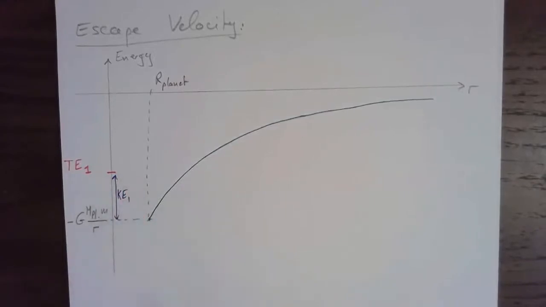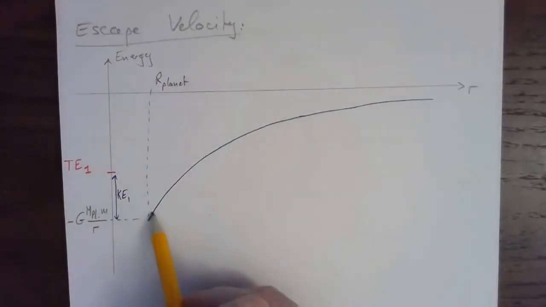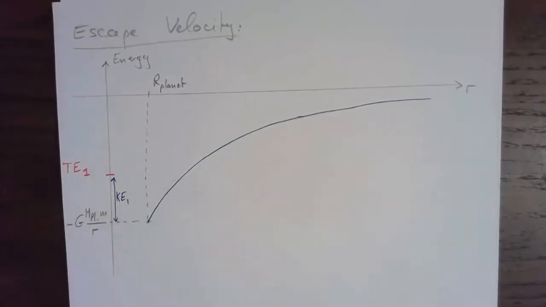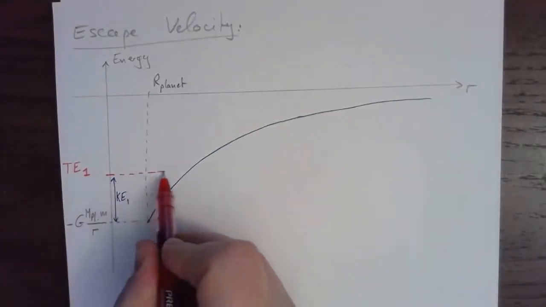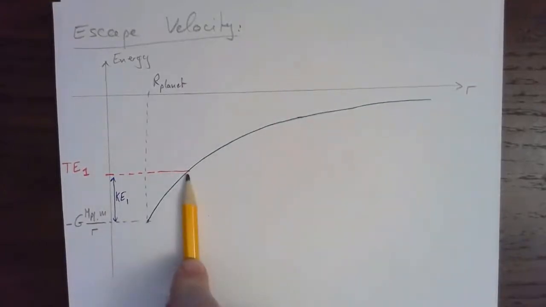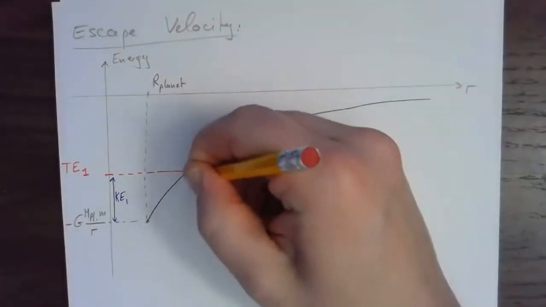The thing starts moving away from the planet, going up, up, up, and as it does so, it gains gravitational potential energy, so it loses kinetic energy, and eventually it reaches this point. Oops. No kinetic energy left, it's all potential now, it's starting to fall back down. So that would be the highest point reached.